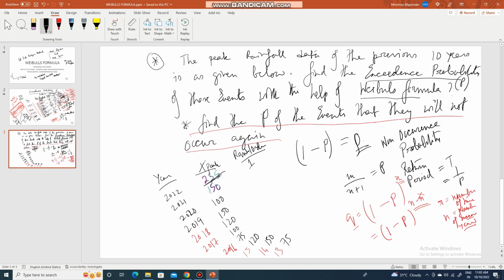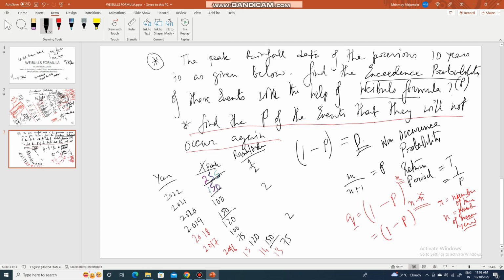Then 150 will be the second highest, and there is another 150, so 2 is gone, and there is another 150, so 3 points gone. So 1, 2, 3, 4, the next one will be the fifth.